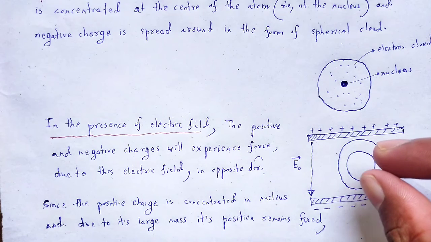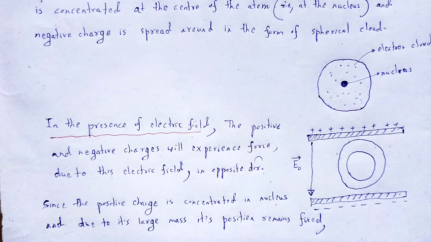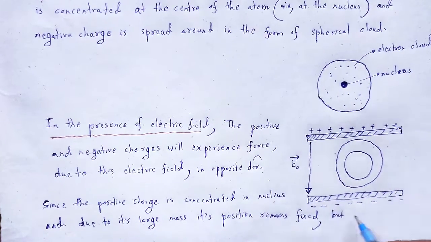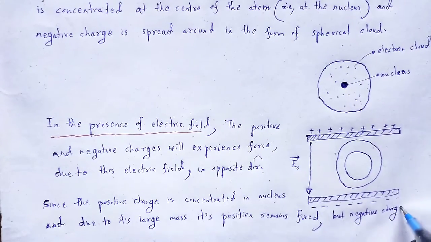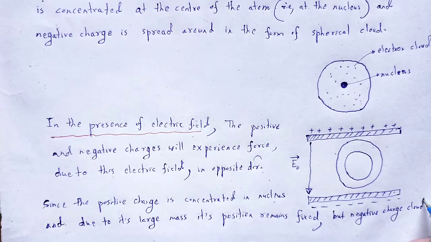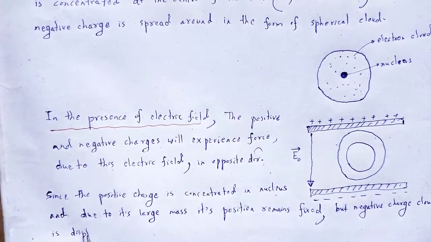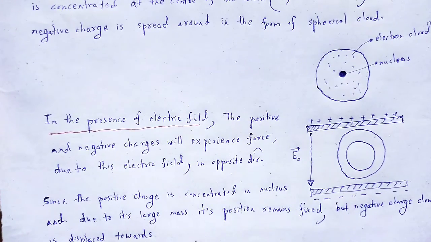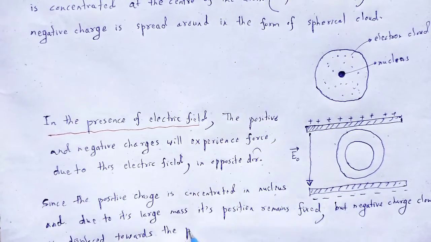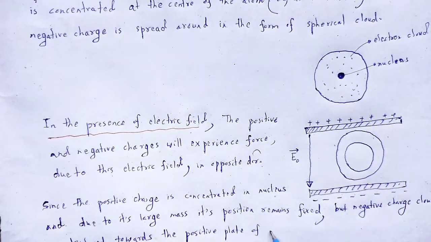Positive charges are concentrated on the nucleus due to its large mass, but the negative charge cloud is displaced towards the positive plate of the capacitor.